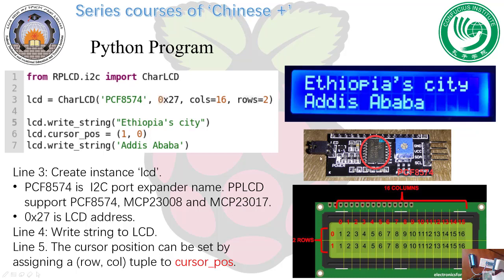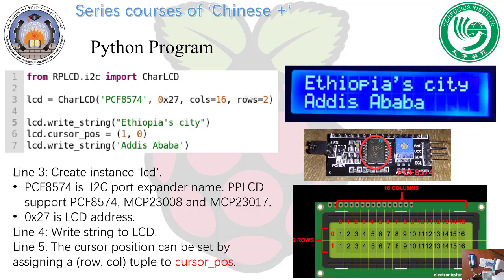This chip is PCF8574, and there are also several others, like MCP23008 or MCP23017. So check what kind of expander you use, and the first parameter is this expander's name.